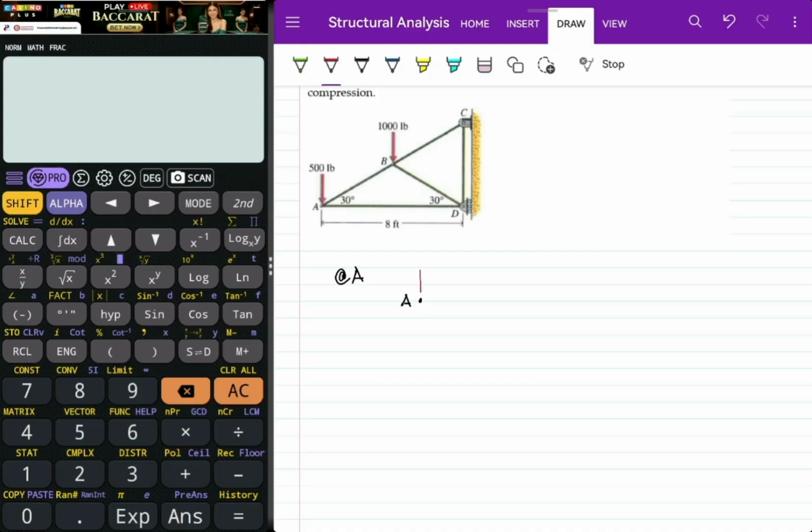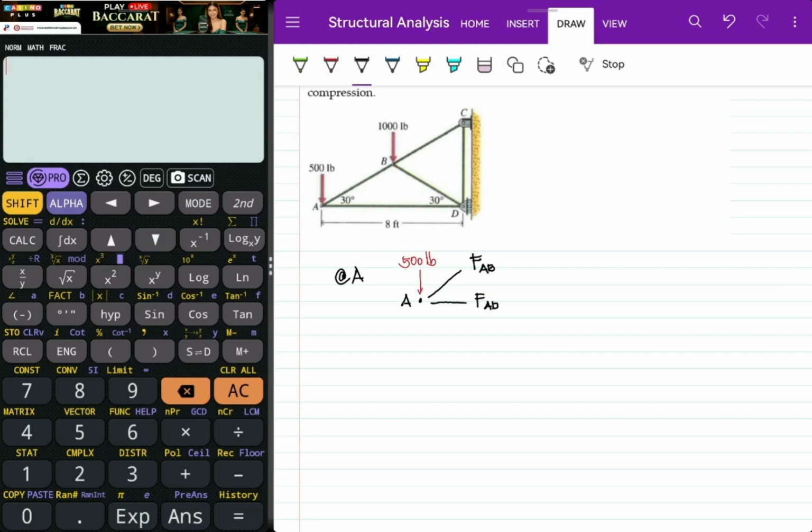Force going down, which is 500 pounds. And then we have force AB and force AD.